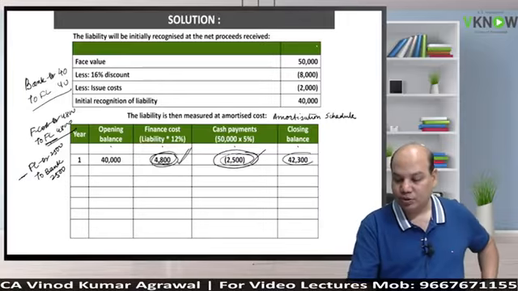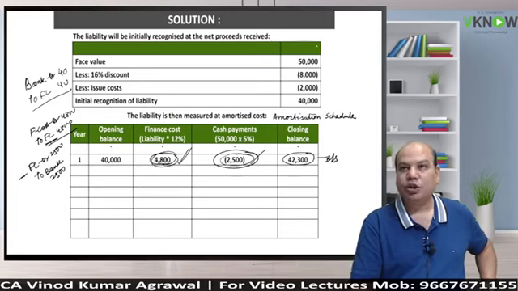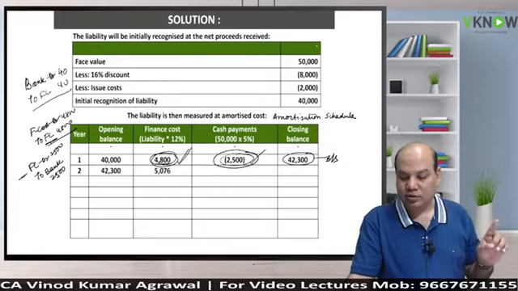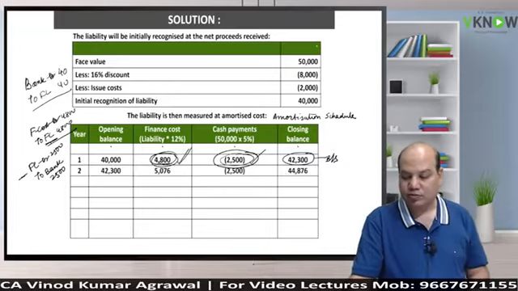So if you prepare the balance sheet, the figure will be 42,300 at the end of year 1, and then you just have to follow the same routine. A very mechanical exercise. Opening balance, 12%, 2,500 payment is logged. Closing balance, bring it here.